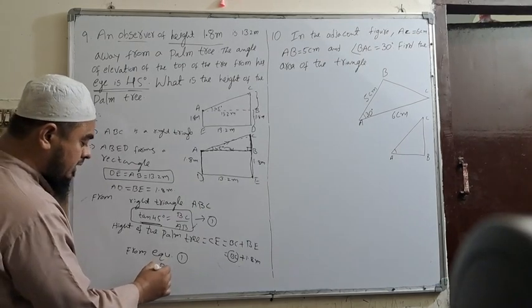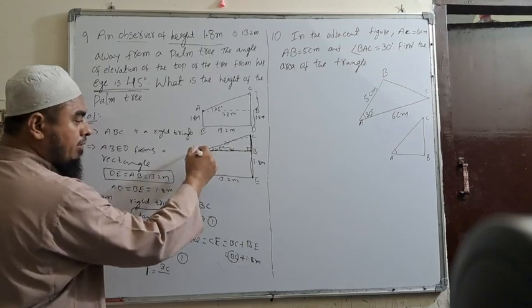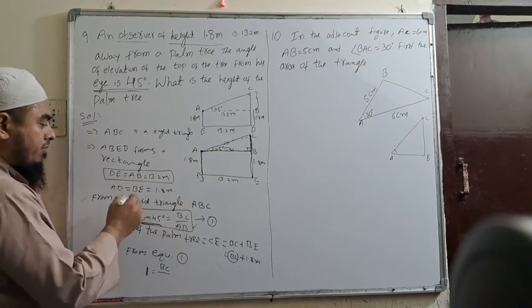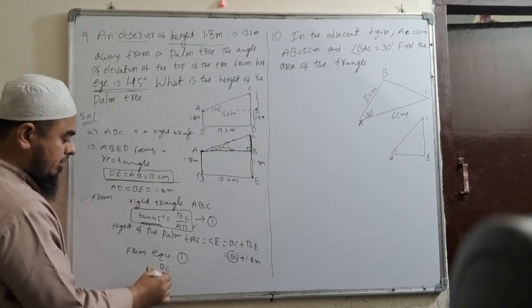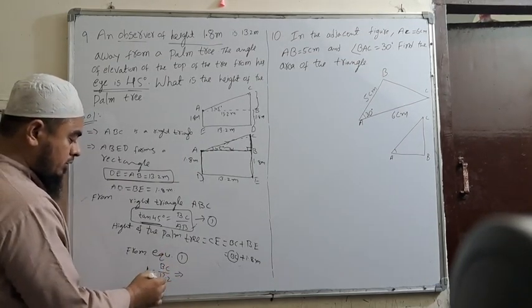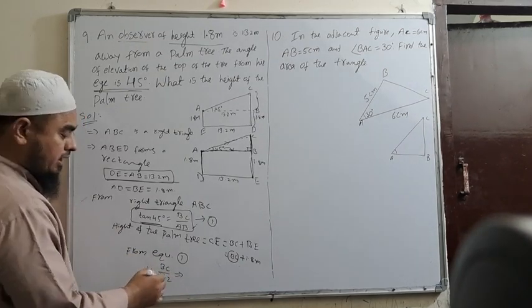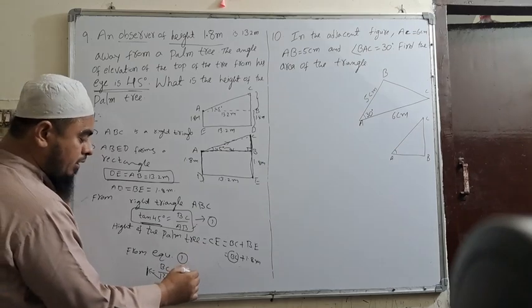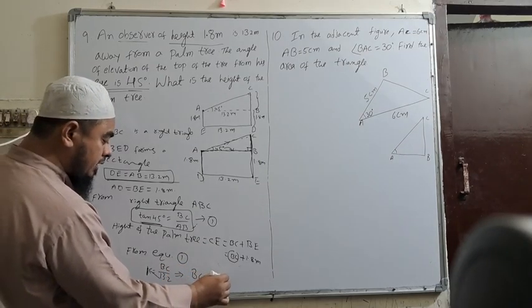So we write BC divided by AB, which is known here. AB is nothing but DE. Already we have written AB is equal to DE, that is nothing but 13.2 meters. Now if you do the cross multiplication here, 13.2 goes on the left hand side, BC keep the same. So we get BC is equal to 13.2 meters.